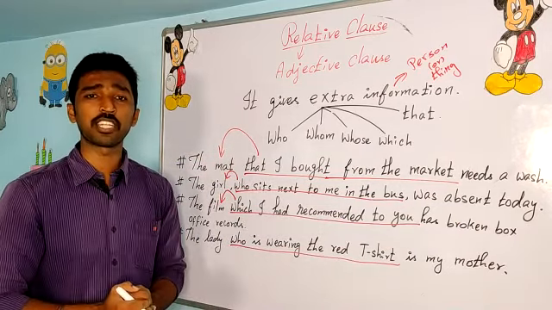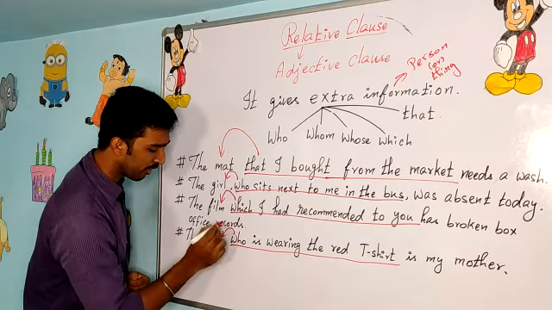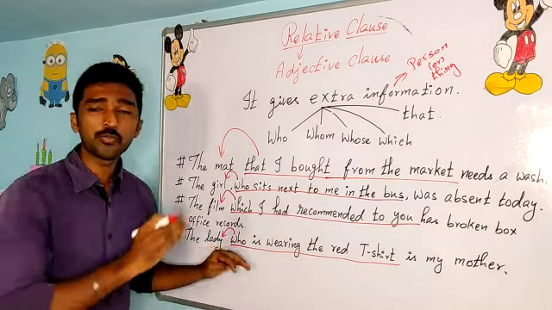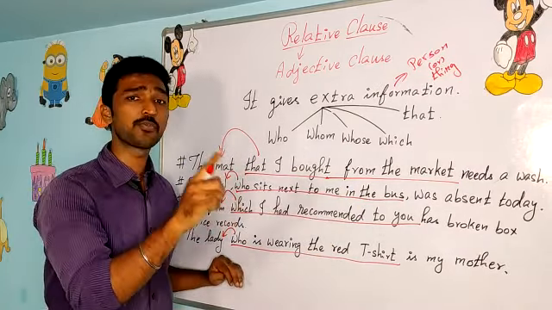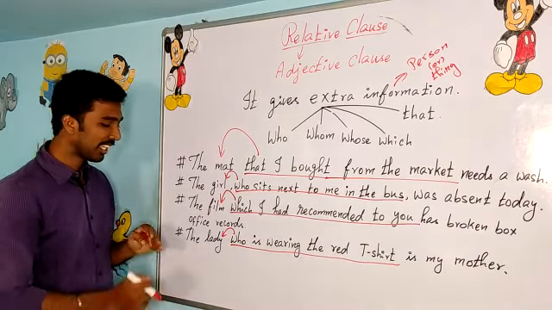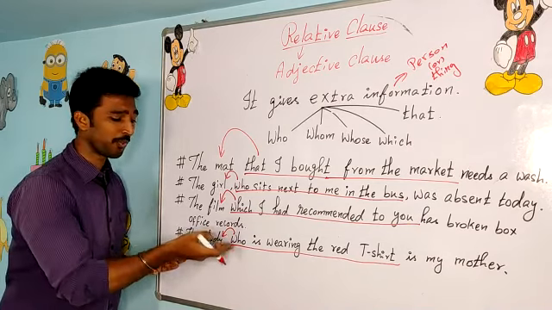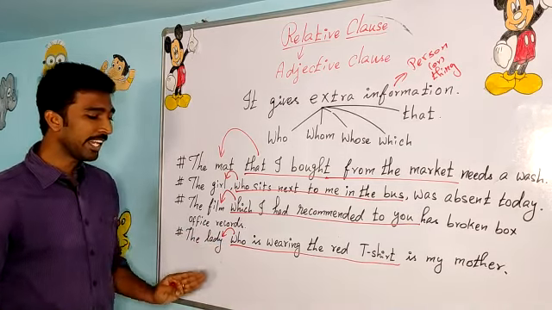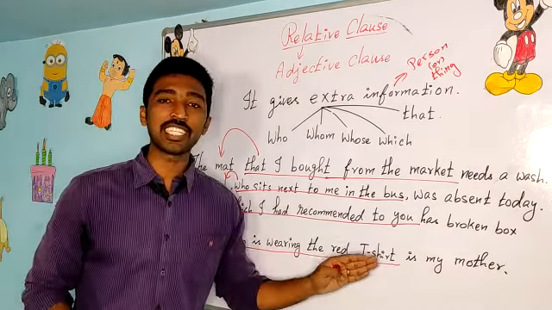The additional information added here is about the lady. The lady who is wearing the red t-shirt. Among the ladies, one lady is wearing the red t-shirt and that is my mother. Here the lady is a subject, a person, so we have used who.